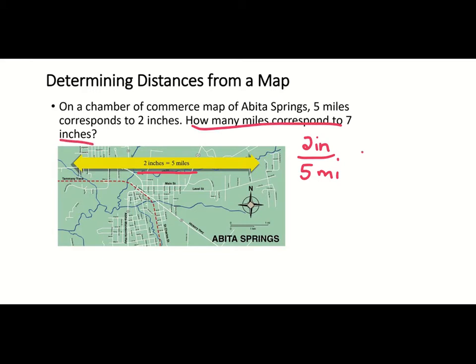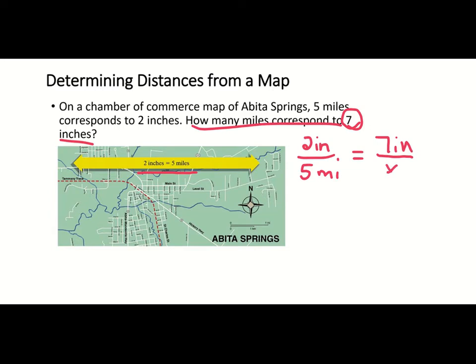We can use a proportion to solve this. When I set up the other ratio, I'm going to put the 7 inches on top because I want to keep inches together, both at the top or both at the bottom. Then I'm looking for miles, so that's my unknown. I'm going to put my x there.